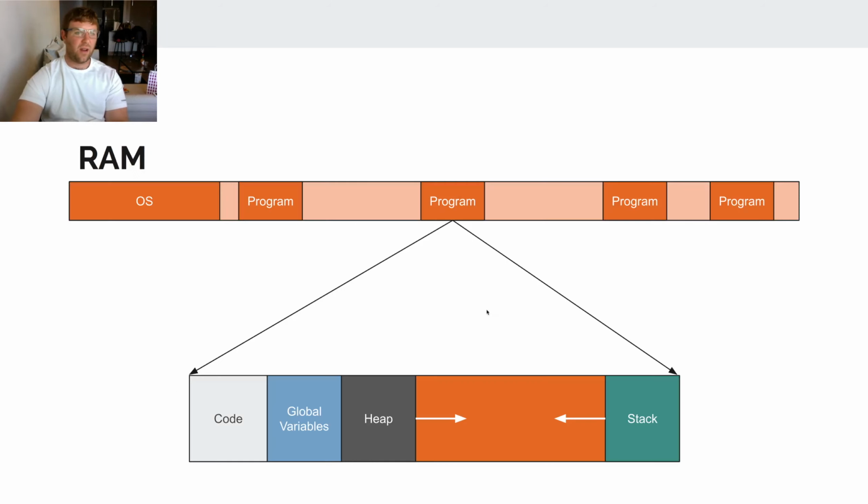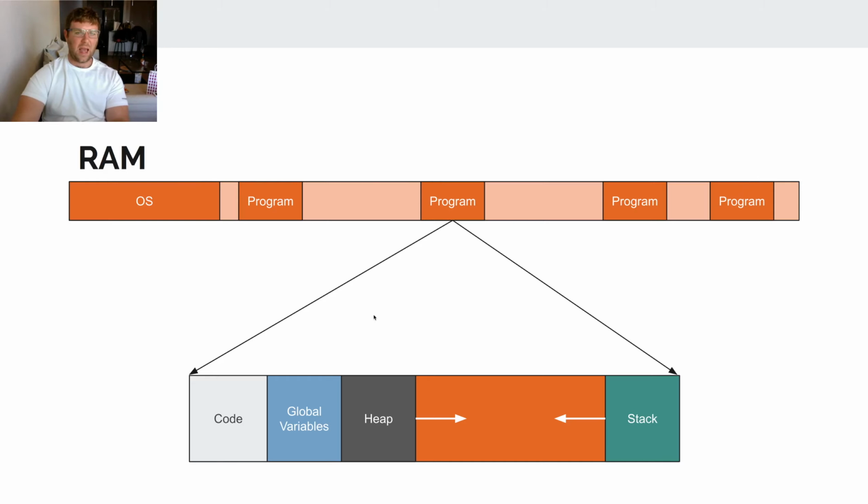So here's an expanded view of RAM. We'll talk about what the exact limit is depending on if it's a 32 or 64-bit machine, but we can have gigabytes of RAM. At the lower addresses is going to be where the operating system is running, but then throughout the rest of RAM, we're just going to have our active running programs.